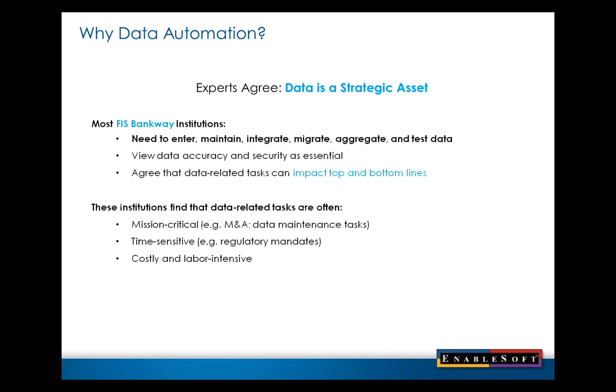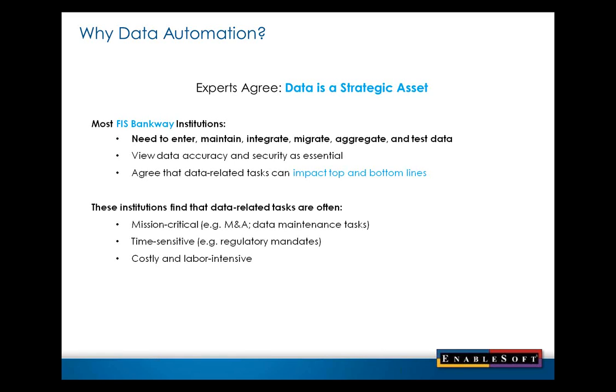Why is data automation important? Just setting the stage, I'm going to cover a couple of basic concepts for a couple of moments. Most organizations that we talk to, and we currently serve nearly 500 financial institutions around the country, view data as a strategic asset, very similar to other strategic assets that your organizations have, from capital to people to products to the marketplaces that you serve and so on.